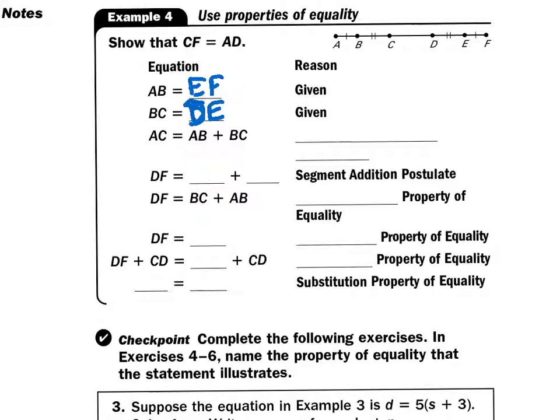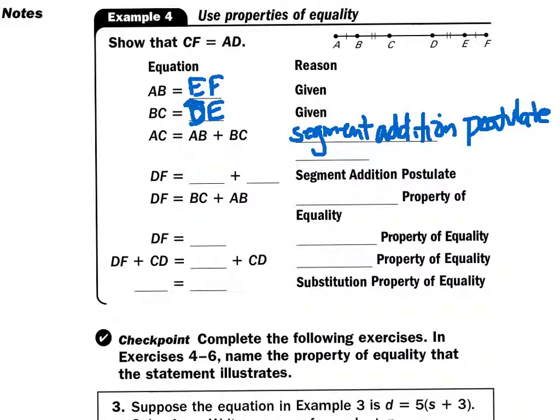So now AC equals AB plus BC. Now why can we say that? Do you remember the postulate for that? That's the segment addition postulate. And then we can also say that DF equals DE plus EF. Again, that's the segment addition postulate.